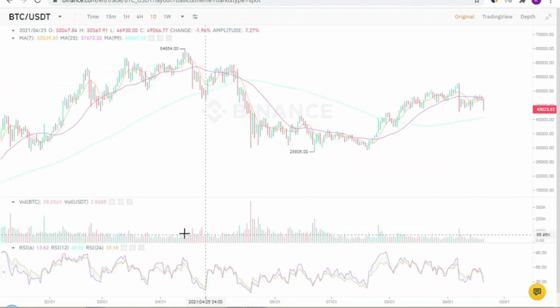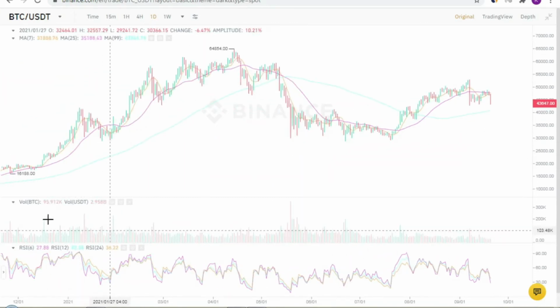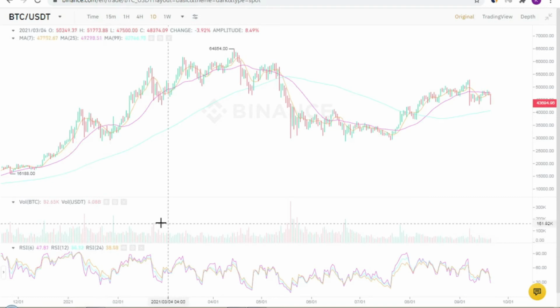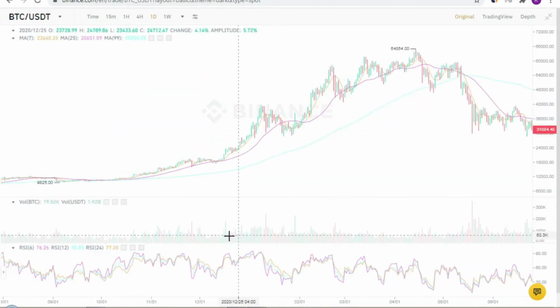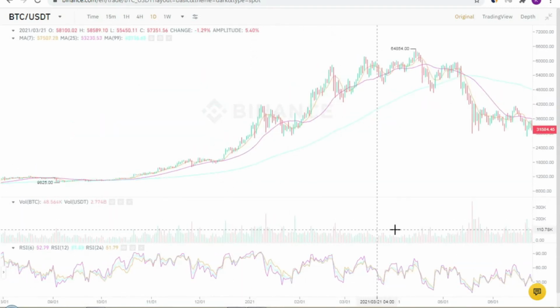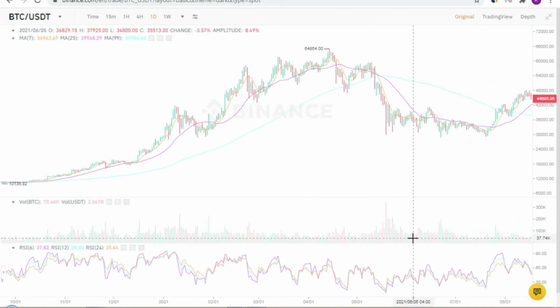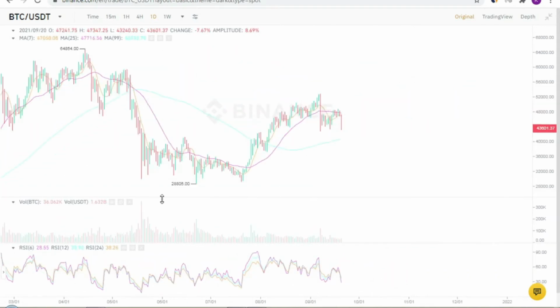Okay, but if it's lower than that, then that's really low. So this is good volume, like here. This is good volume here. You see how much volume we have here. But if the volume is somewhere here, that you should be afraid of, because it could turn at any moment.